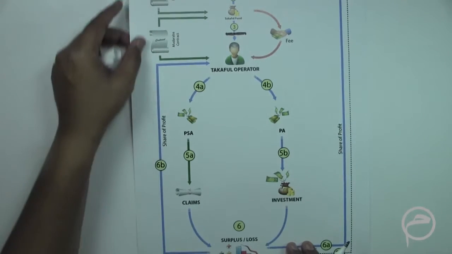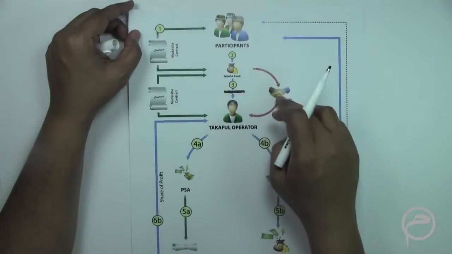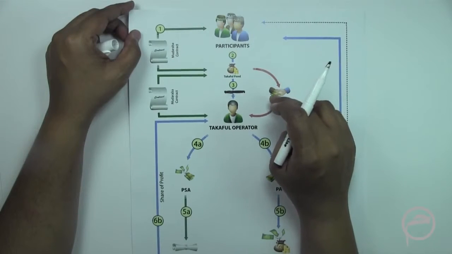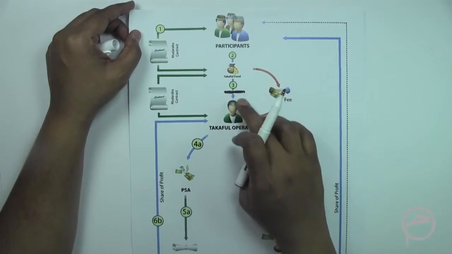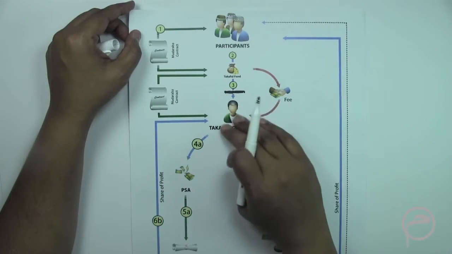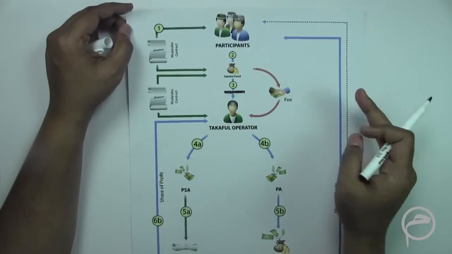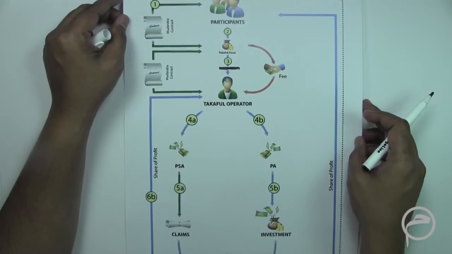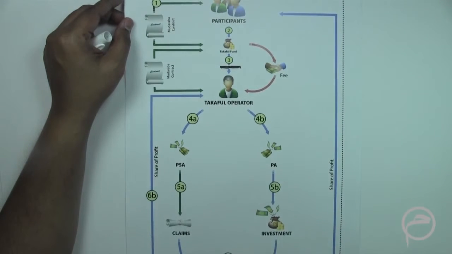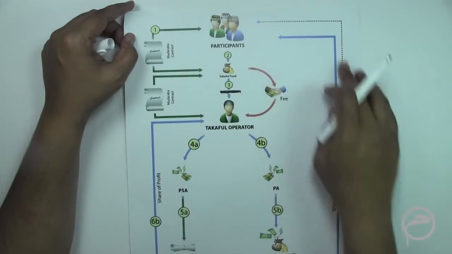For example, if there has been a profit sharing ratio agreed between the participants and the Takaful operator, then after giving the fee to the Takaful operator and after all the expenses, whatever is remaining will go into the surplus pool, and this surplus is again shared with the participants.